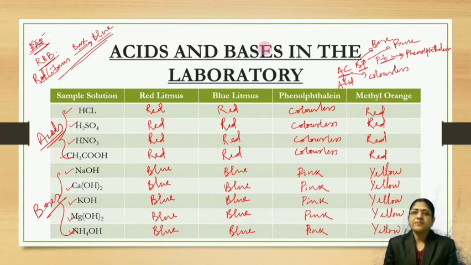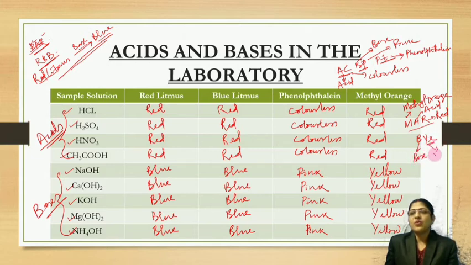Then methyl orange: बच्चों को मत मार, नहीं तो बाय करके चले जाएंगे. That means M for methyl orange, then A for acid, then R for red, then B for base, YE for yellow.